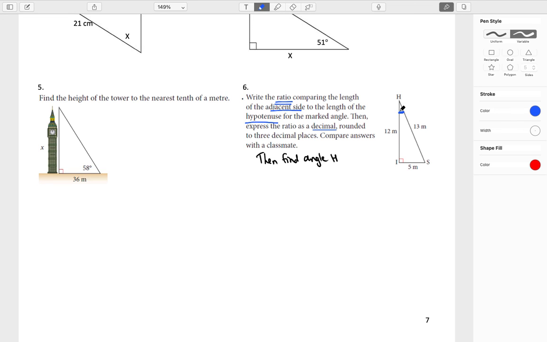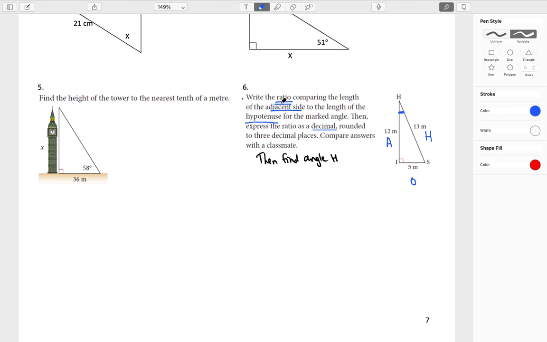Okay, so we're going to write down the ratio from the marked angle, which is H. So let's label. It looks like hypotenuse is 13. 5 is the opposite, and 12 is adjacent.